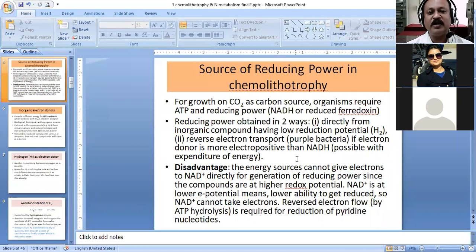So if a particular electron donor is placed at an upper level in that graph, we say these molecules are more electropositive. Then they cannot give the electron directly to NADH, because NADH is placed at a lower level. From the top level, the electron cannot go to the lower level, and therefore there has to be what is called reverse electron flow.